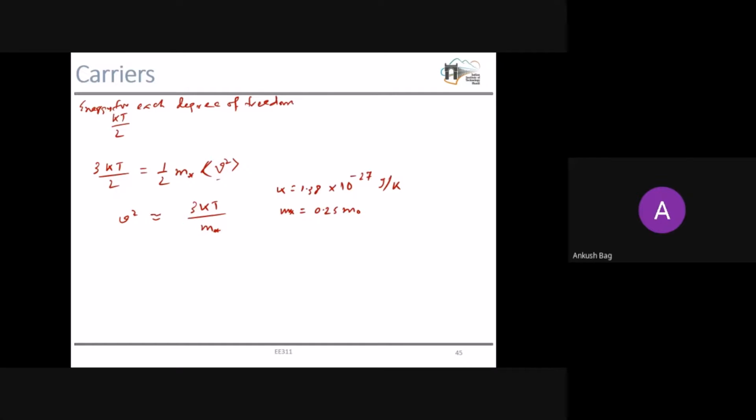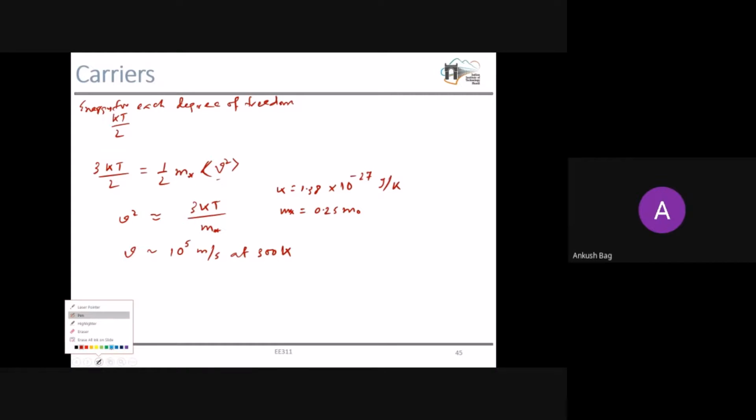If we quantify this, the velocity, called the random thermal velocity, is equal to 10 to the power 5 meter per second. Here we have considered T as 300 Kelvin.